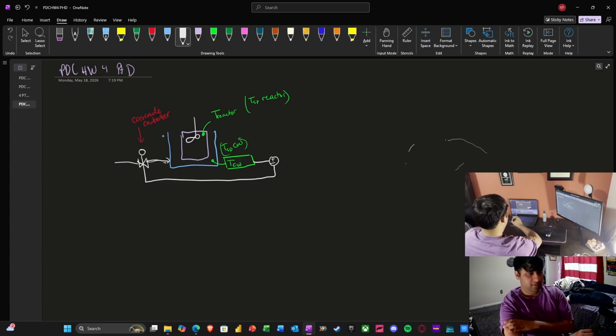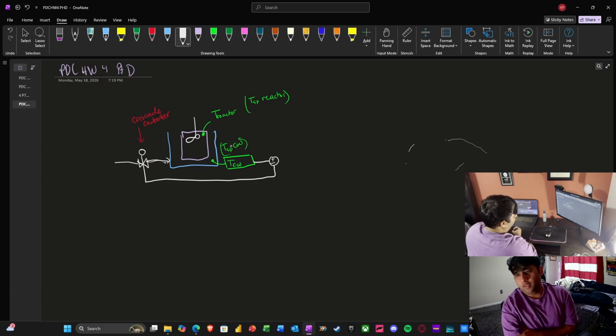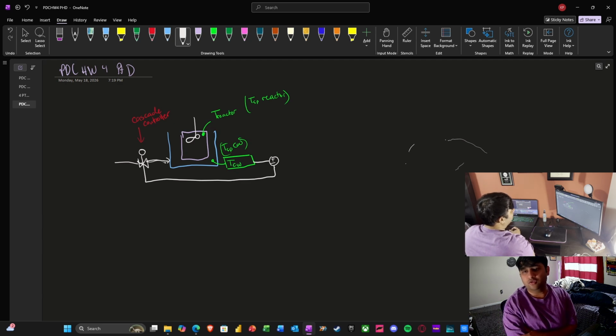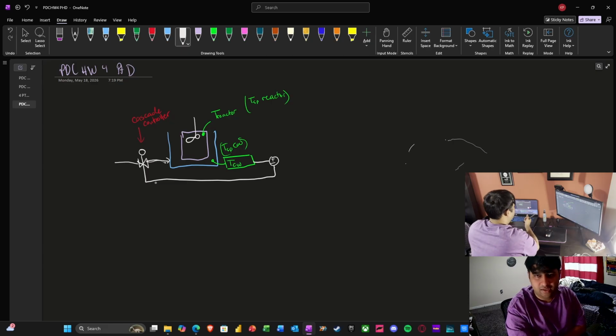Essentially, the probe is going to measure the temperature of the cooling water, send it to the controller, and then feed it right back to the cascade controller to control the flow of the cooling water inlet. So this is how that cascade controller is very important.